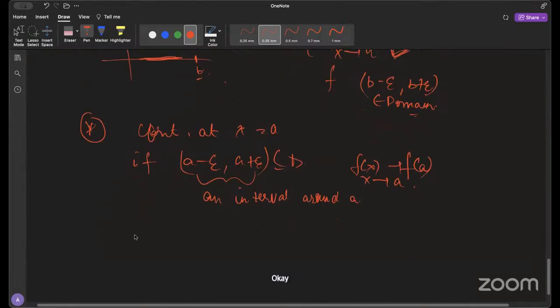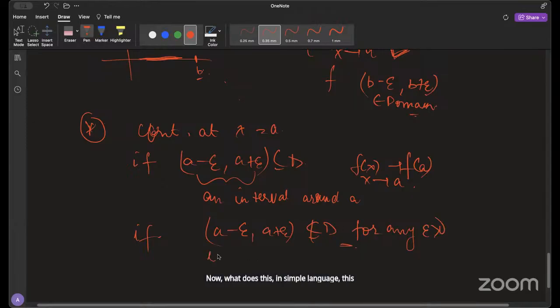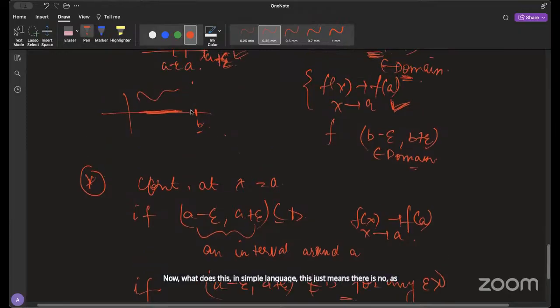Okay. And if your A minus epsilon and A plus epsilon is not in the domain for any epsilon, now what does this, in simple language, just mean? There is no interval around B, as in this case, which is contained in the domain, right?